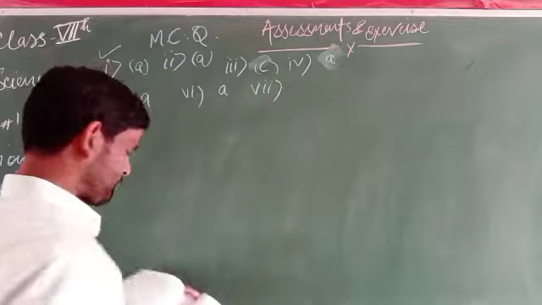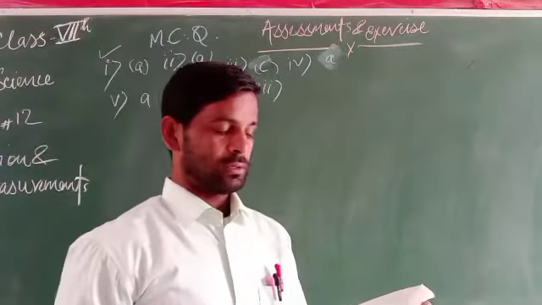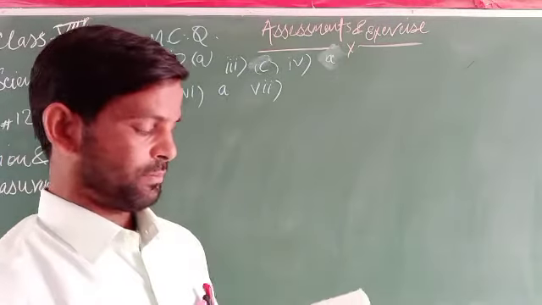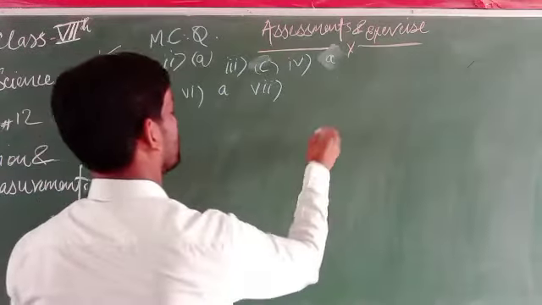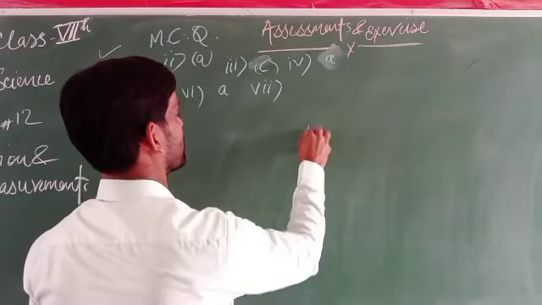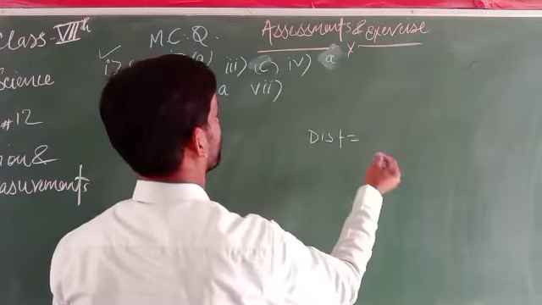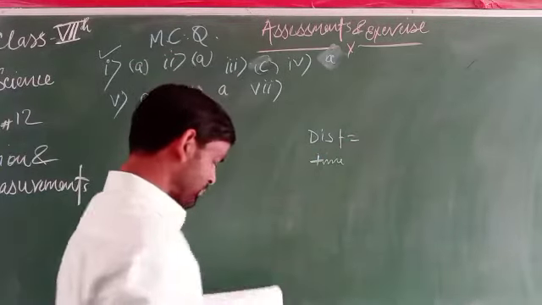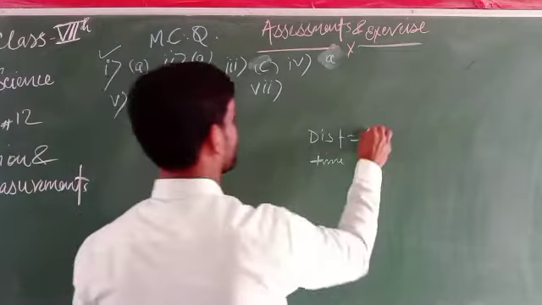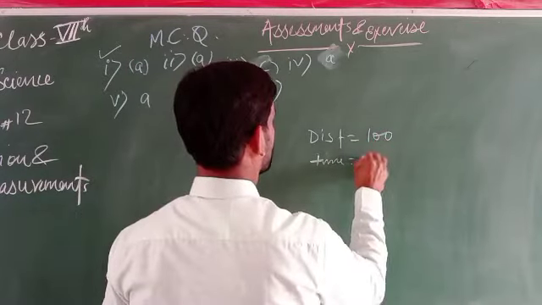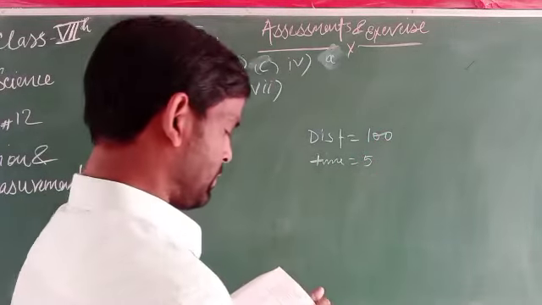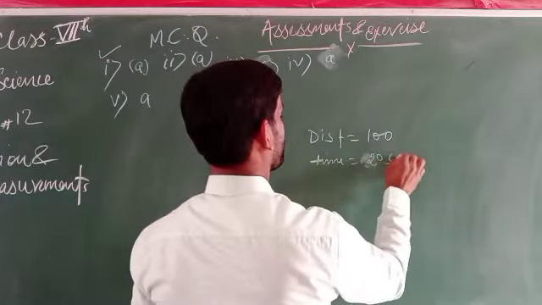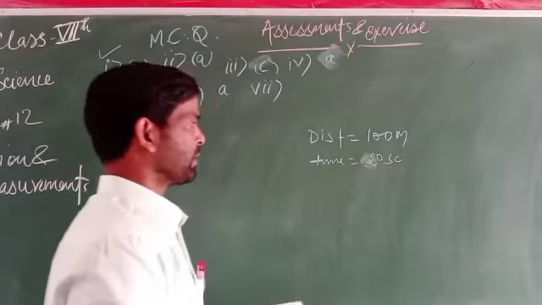Seventh: in a race a girl runs 100 meters in 20 seconds. Her average speed will be, here two things are given, distance and time. Distance is 100 meters and time is 20 seconds.